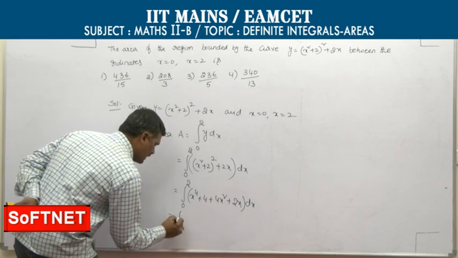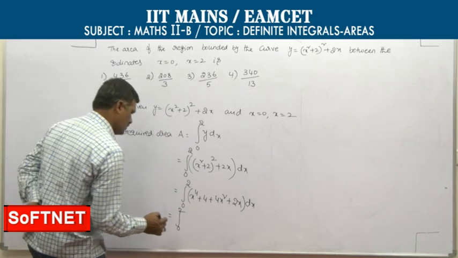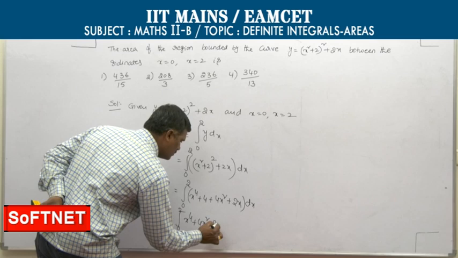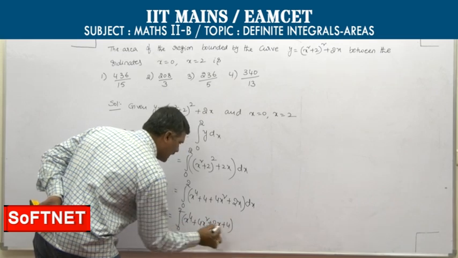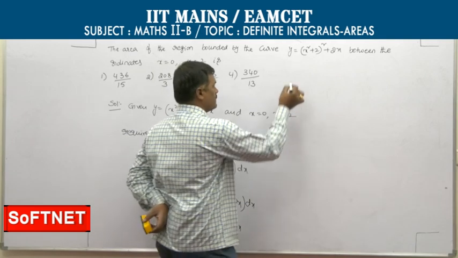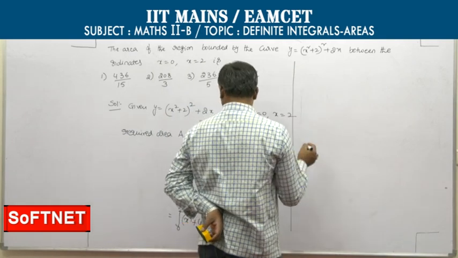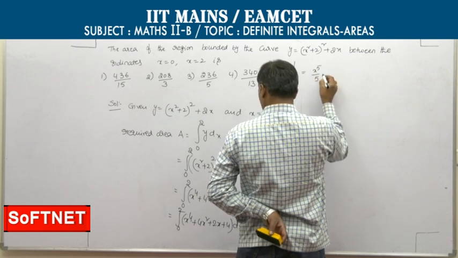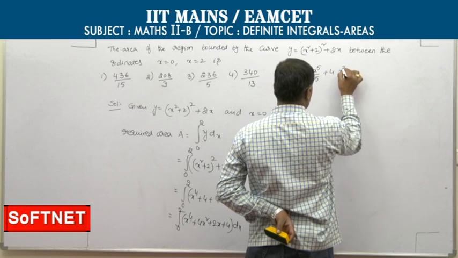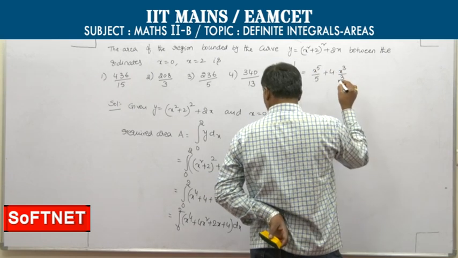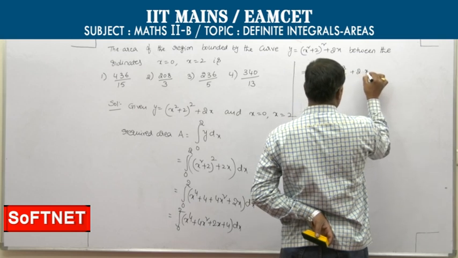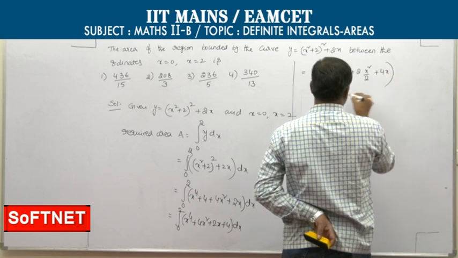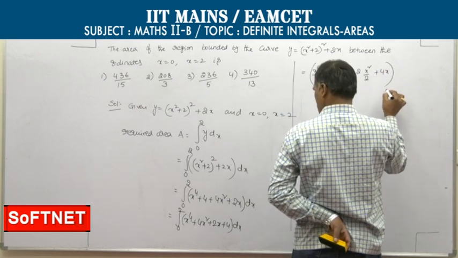That is equal to integral of 0 to 2 x power 4 plus 4x square plus 2x plus 4 into dx. That is equal to x power 4 integration x power 5 by 5, plus 4 into x square integration x cube by 3, plus 2 into x integration x square by 2, plus 4 integration 4x, with limits 0 to 2.